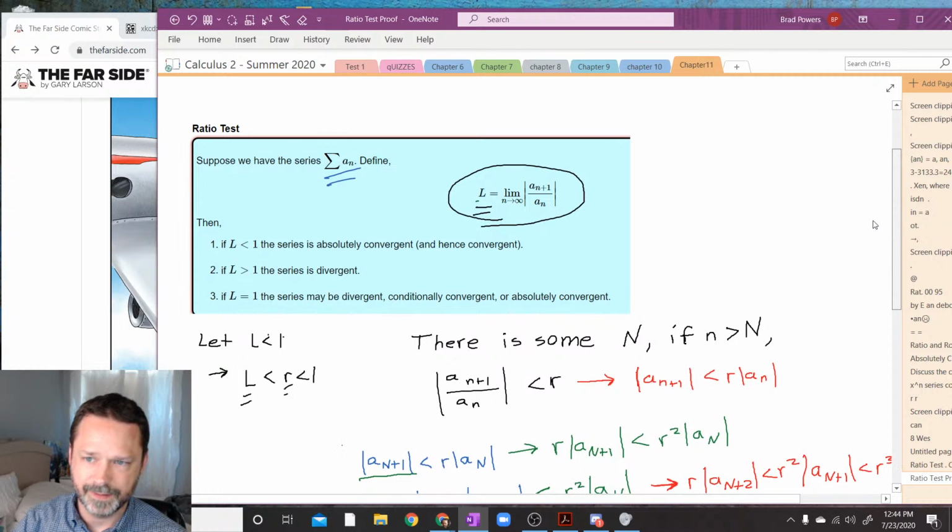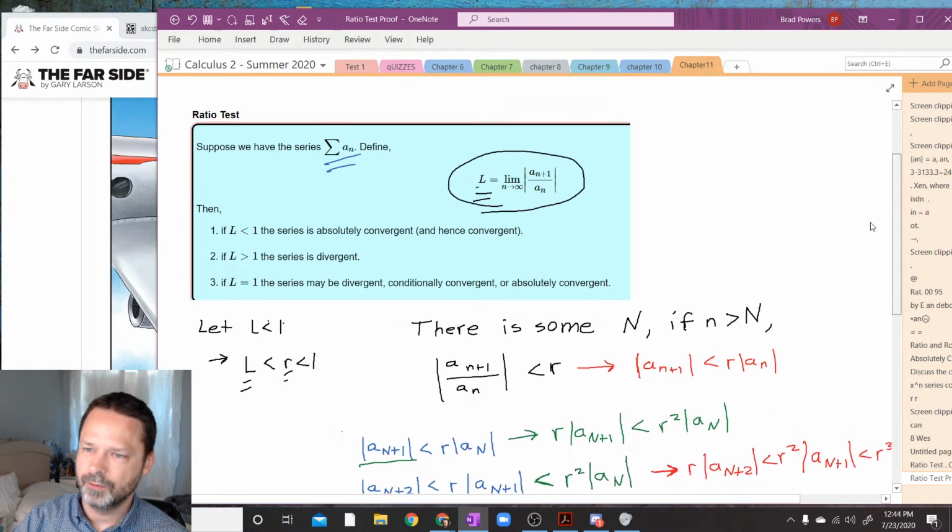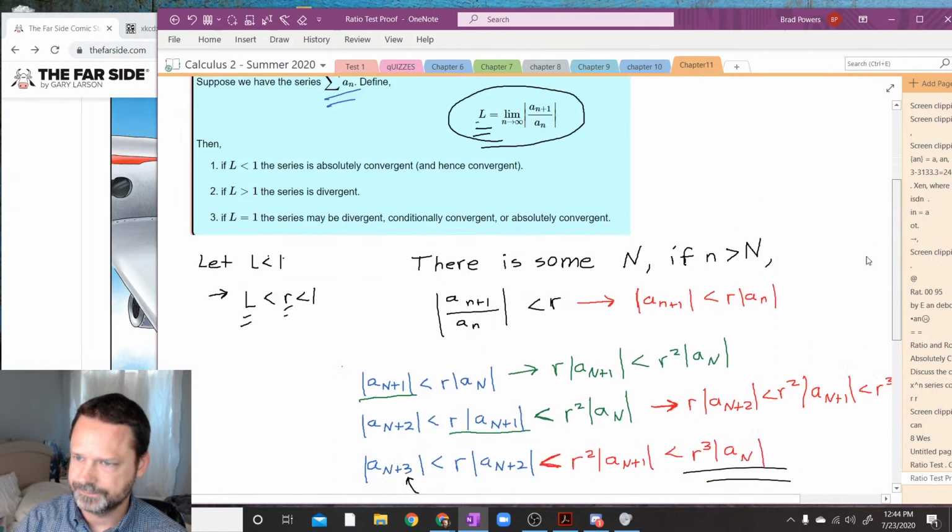We're starting with the sum of a sub n, and we want to prove that it's absolutely convergent.